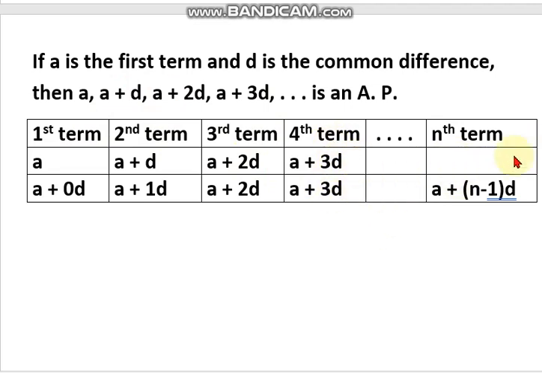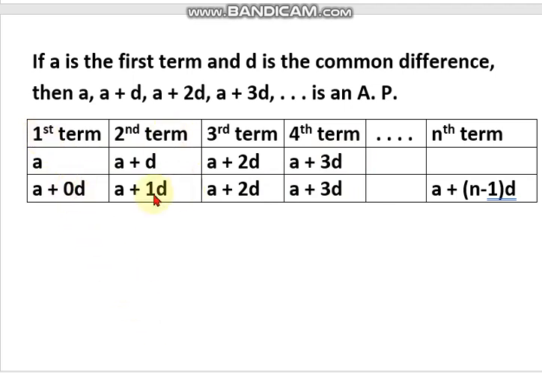Now we want to write the nth term. So let us first of all see here. Here we have a, so we can say a plus 0 times d. Then the second term we have a plus d, so we can write a plus 1 into d. The third term we have a plus 2d. The fourth term we have a plus 3d. Now you can see here, for the first term the coefficient of d is 0.